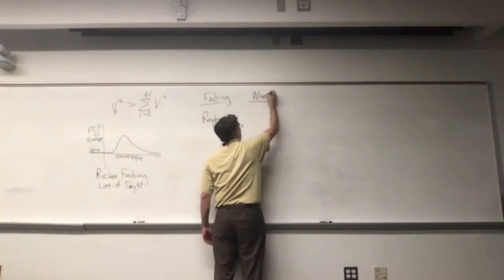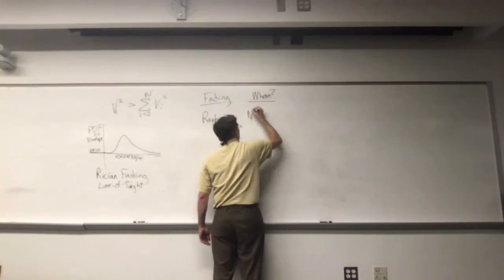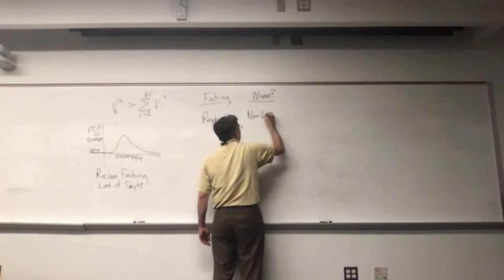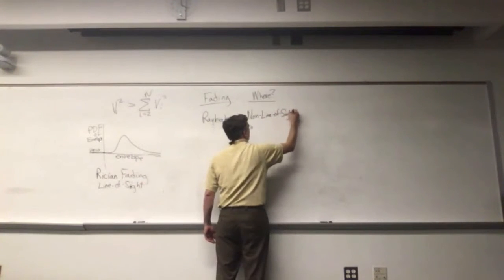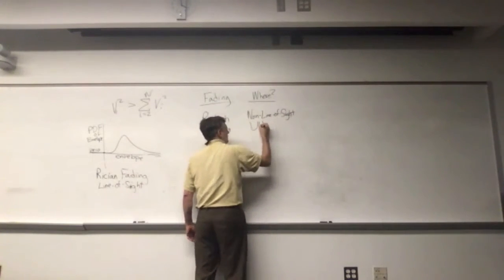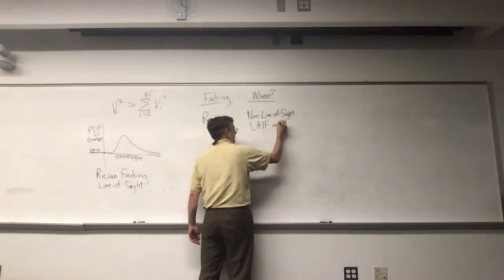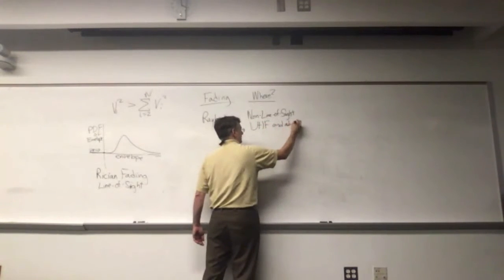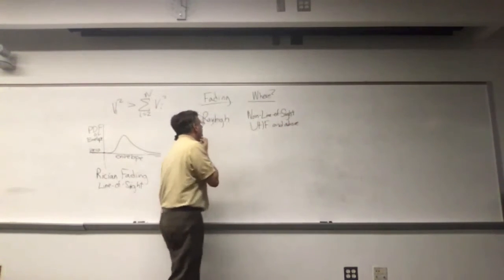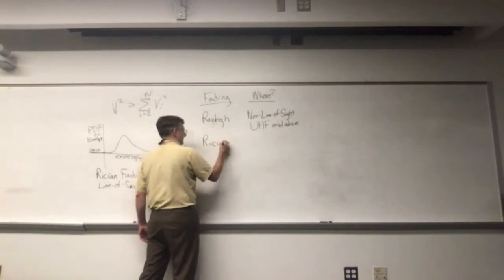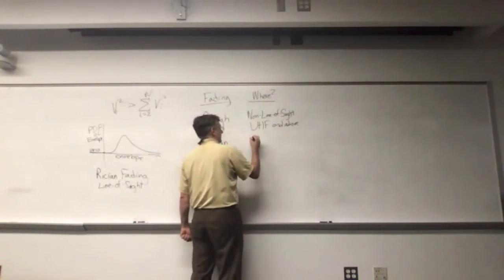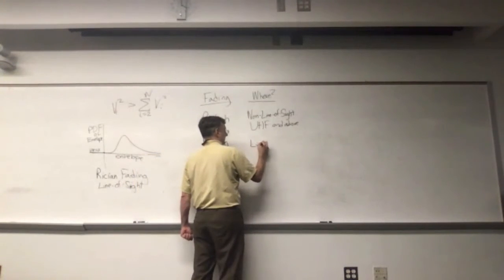Where does this occur? Non-line of sight. Typically UHF and above in frequency. And then Rician, which is line of sight.